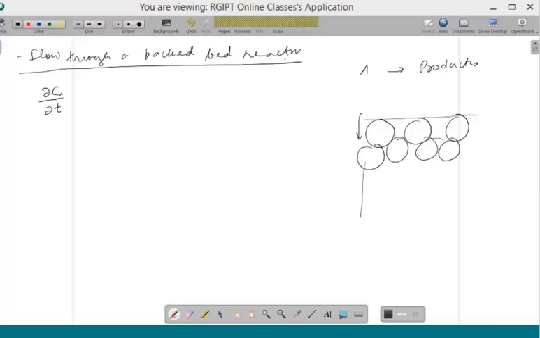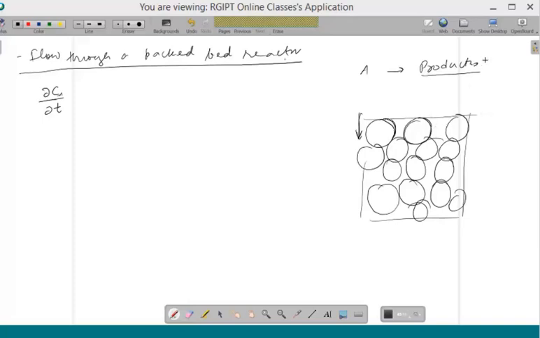Let's do simple packed. There's a carrier fluid which is carrying the reactant, and those reactants, when they come in contact with these wet particles, react and produce something. There's a kinetics of that which we already know.